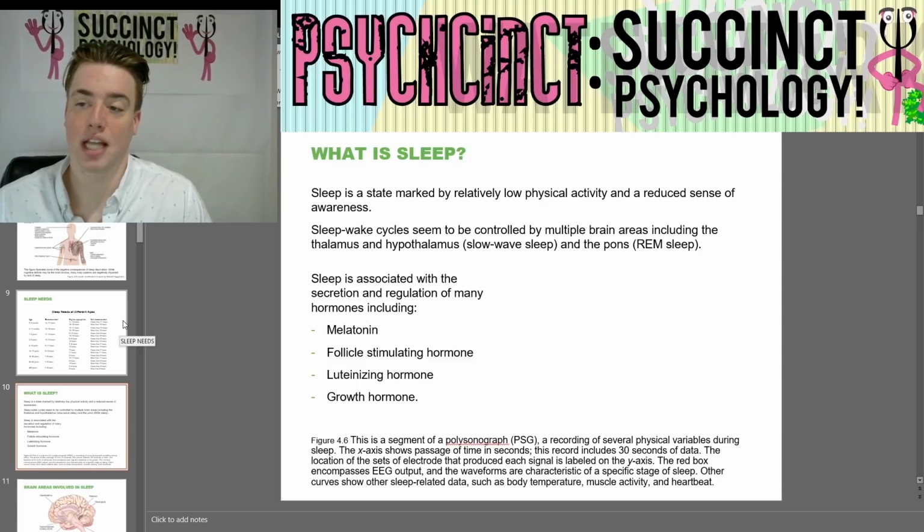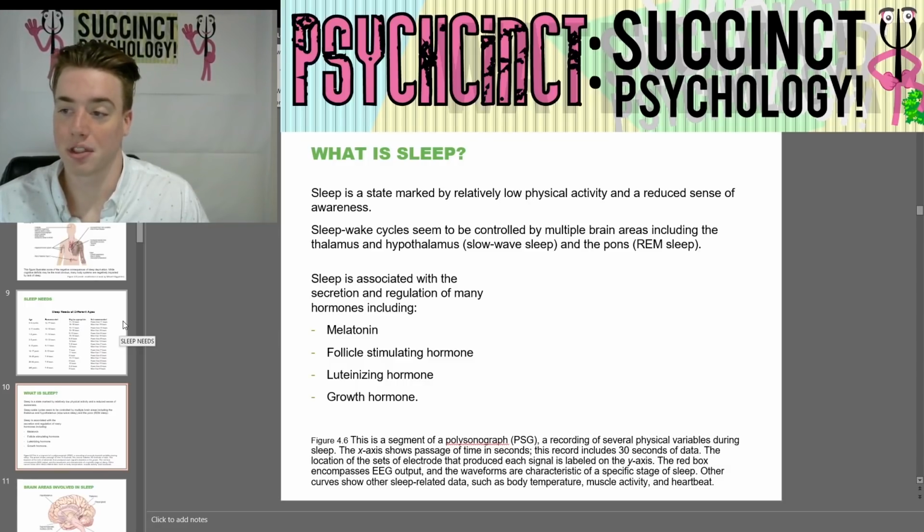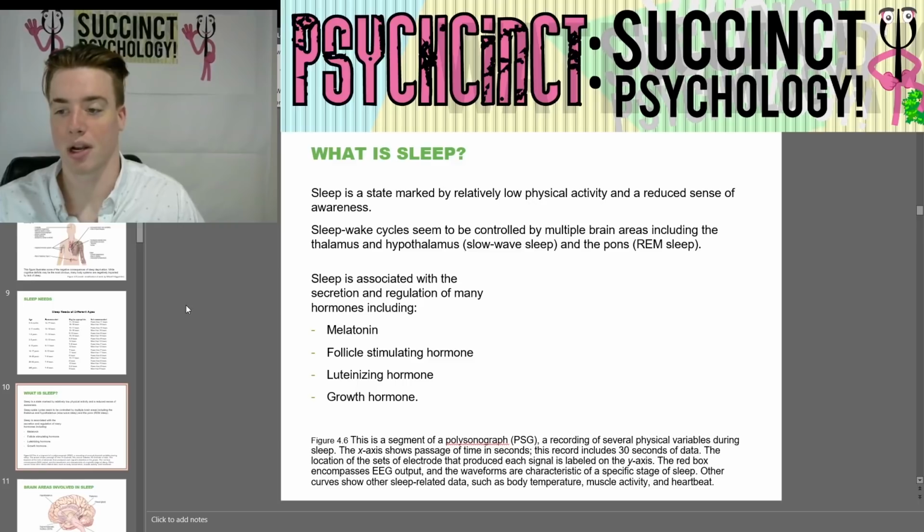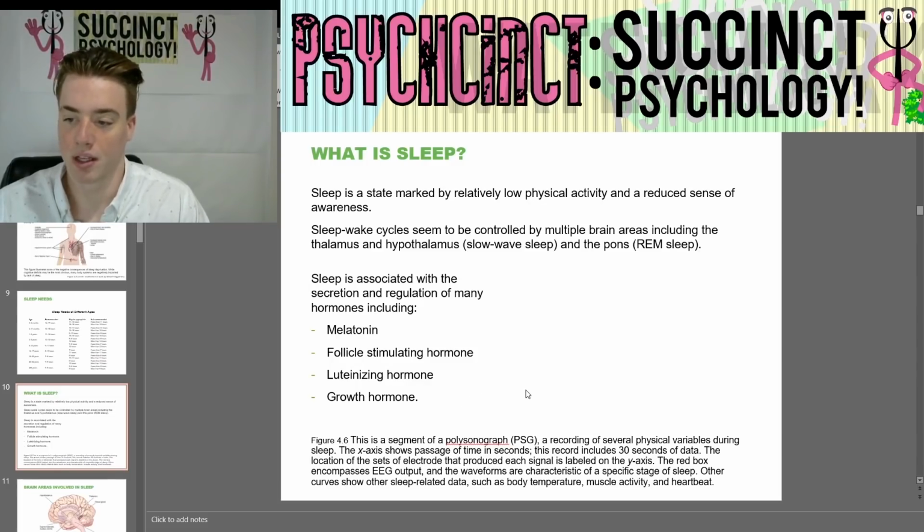Now, sleep is a state marked by relatively low physical activity and a reduced sense of awareness. Sleep-wake cycles seem to be controlled by multiple brain areas, including the thalamus and hypothalamus, slow-wave sleep, and the pons, REM sleep, rapid eye movement. Now, sleep is associated with the secretion and regulation of many hormones, including, again, melatonin, follicle-stimulating hormone, luteinizing hormone, and growth hormone.